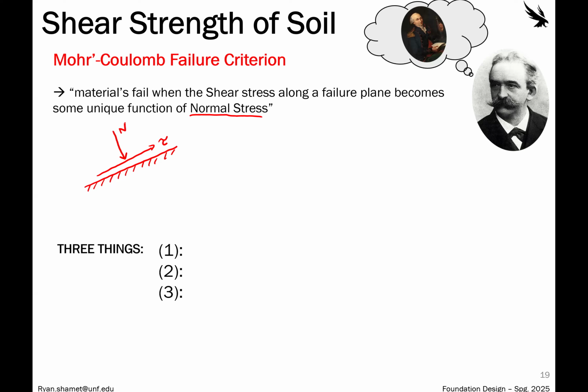So what we see is that the shear strength of soil, so shear strength is the capacity. We're going to recognize this as the shear stress at failure. This is a function of our normal stress, which we've been talking about as our sigma value.